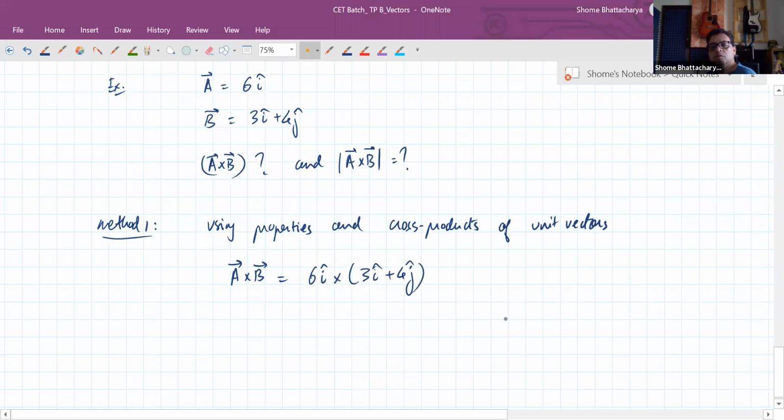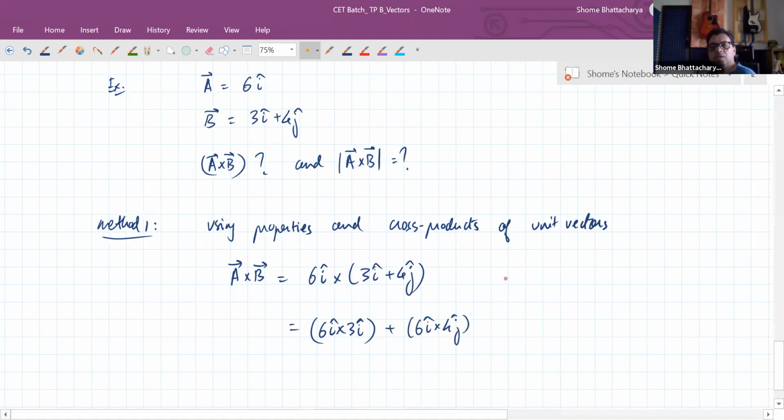Okay. So next what I will do is I'll open this bracket by distributive property. So this will become 6 i cap cross 3 i cap plus 6 i cap cross 4 j cap.